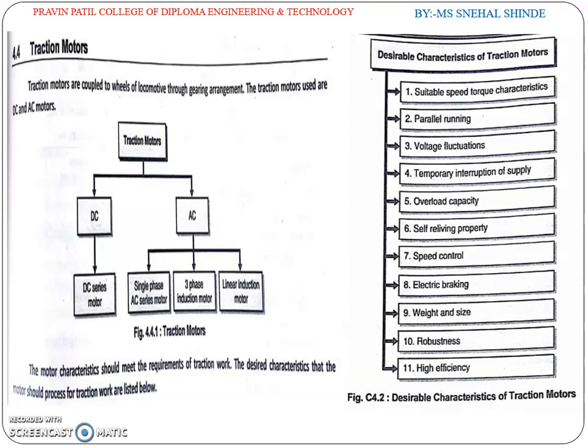The traction motors are subjected to heavy loads which cause large rush of current. This may produce large armature reaction and bad commutation.